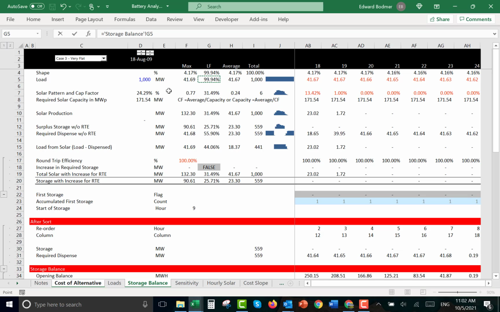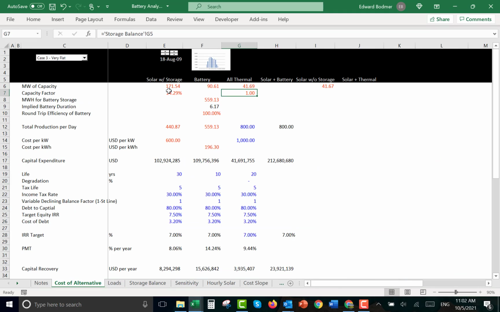And in this case, if it's all flat, we'd have to run it basically at every hour of the year. But if it's shaped, then we'll only use our thermal plant 31%. Remember, this capacity factor for the solar was affected by the performance ratio and the fact that the STC is the basis for our measurement. And then we get the amount of battery.